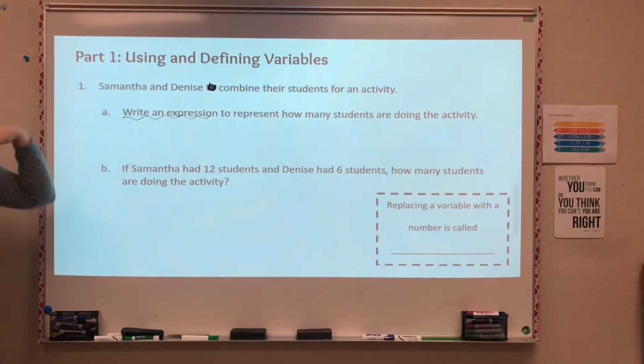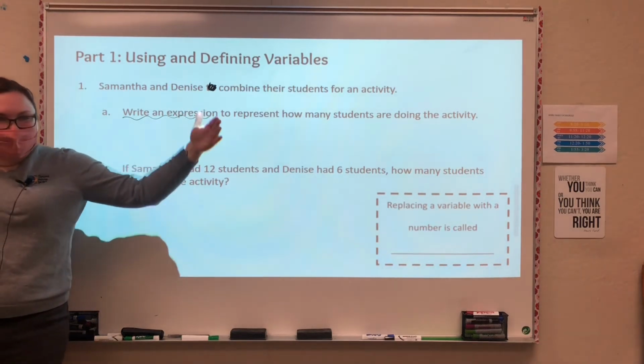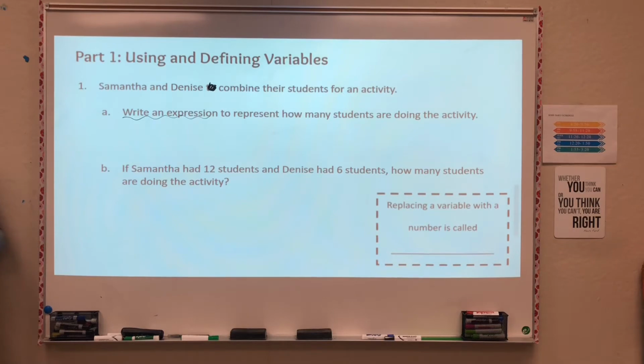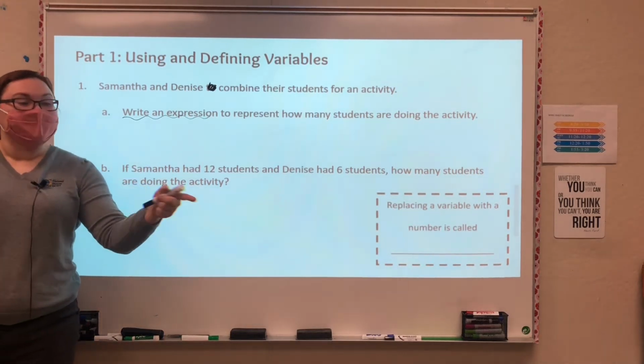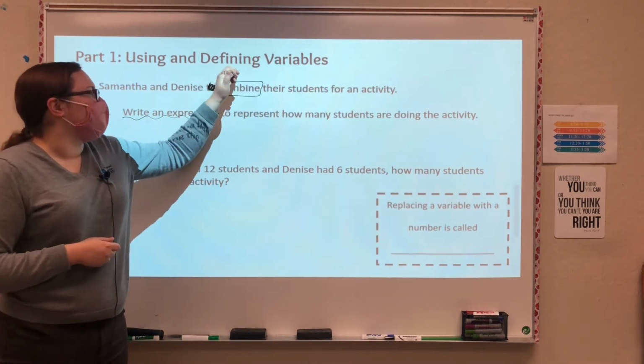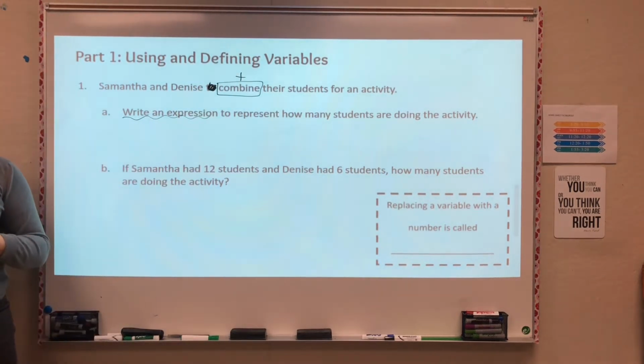If we've got me and Denise combining students, let's start off with what operation that is describing. I think addition. If we're combining stuff, combining is telling me we want to add. Now you're jumping ahead, you're telling me a variable.